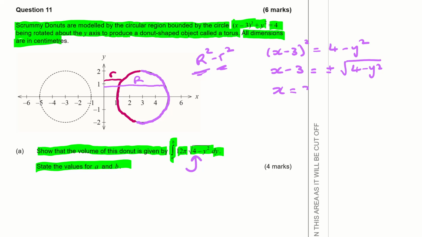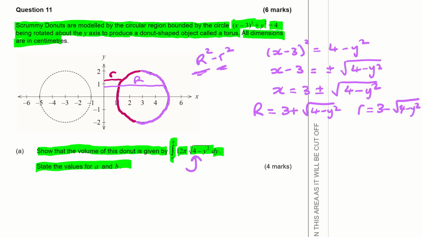So x is going to be 3 ± √(4 − y²). Because I called big R the bigger radius, that's going to be 3 + √(4 − y²), and r is going to be 3 − √(4 − y²).